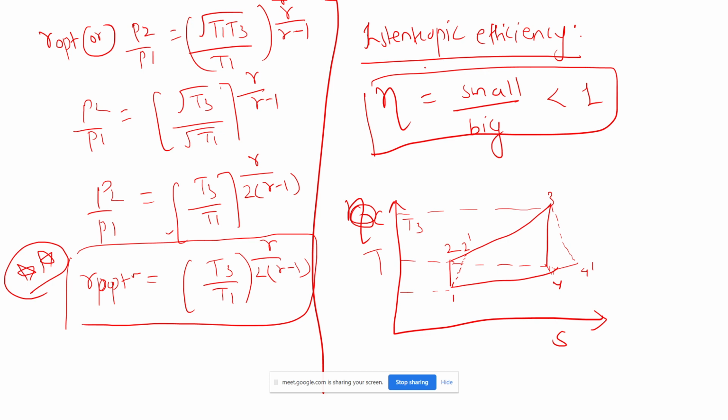2 to 1 is smaller. Okay, so wait, I'll show you one efficiency also. Isentropic efficiency, its actual definition is different for compression and turbine both.